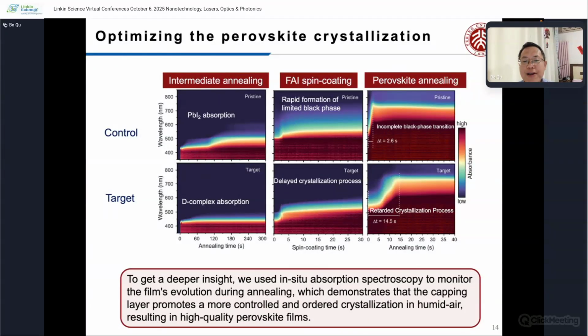To get a deeper insight, we used in situ absorption spectroscopy to monitor the film's evolution during annealing, which demonstrates that the capping layer promotes a more controlled and ordered crystallization in humid air, resulting in high-quality perovskite films.